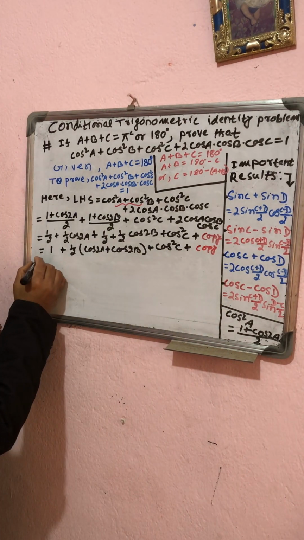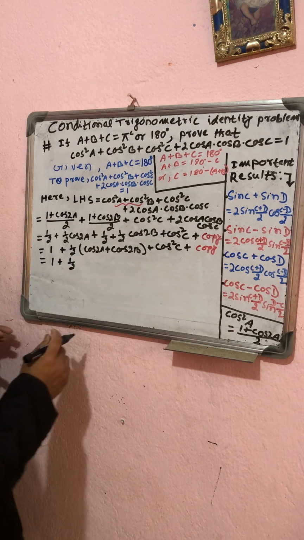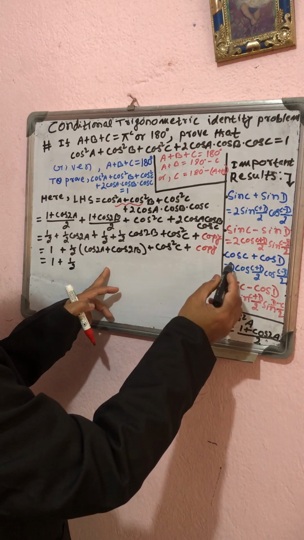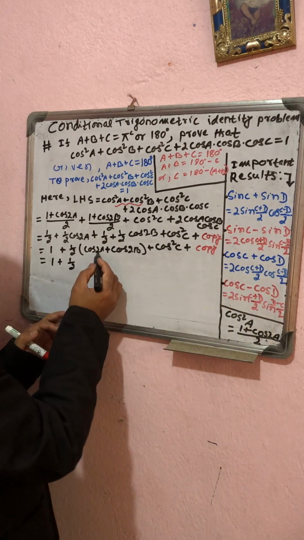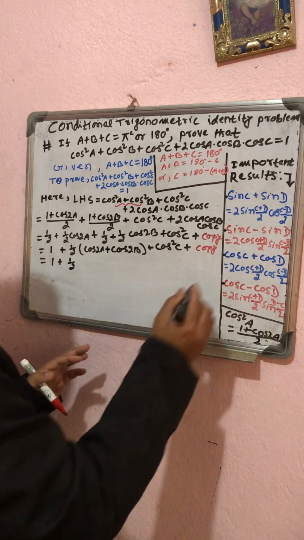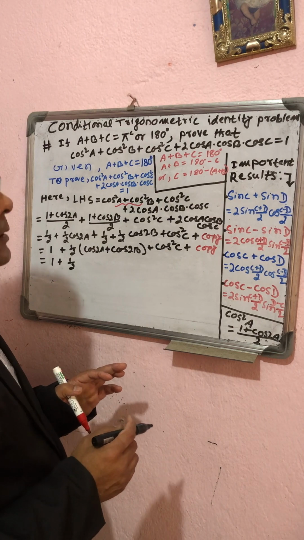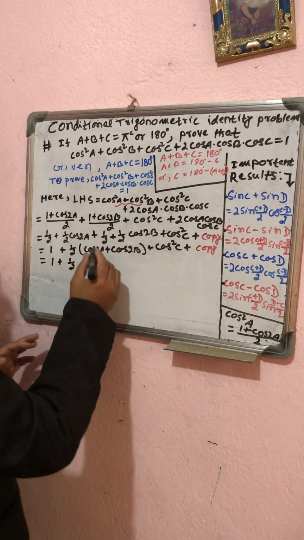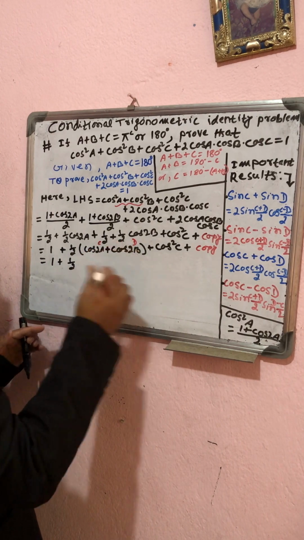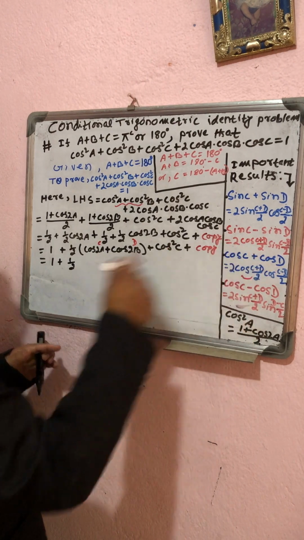Next, if you go further, this is 1 plus 1 by 2 times cos 2a plus cos 2b. You can see the formula cos c plus cos d. So in place of 2a you suppose c, and 2b you suppose d. In that case you can write 2 cos of (c plus d) by 2 times cos of (c minus d) by 2. So I am taking 2a as c and 2b as d and applying this formula.